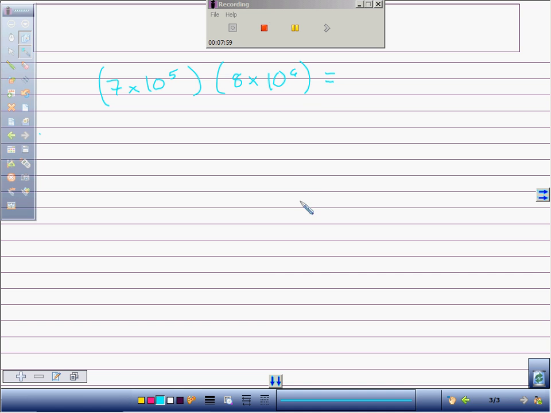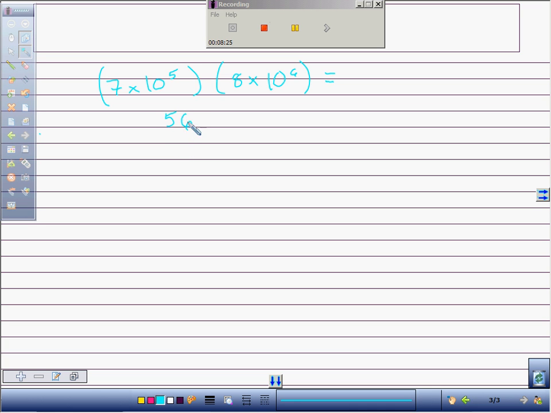And they say rewrite in scientific notation. When you multiply, you only multiply everything times itself one time. It's not like the distributive property. You don't multiply this times this, and then this times this. You just multiply the things that you can multiply together. So what's 7 times 8?